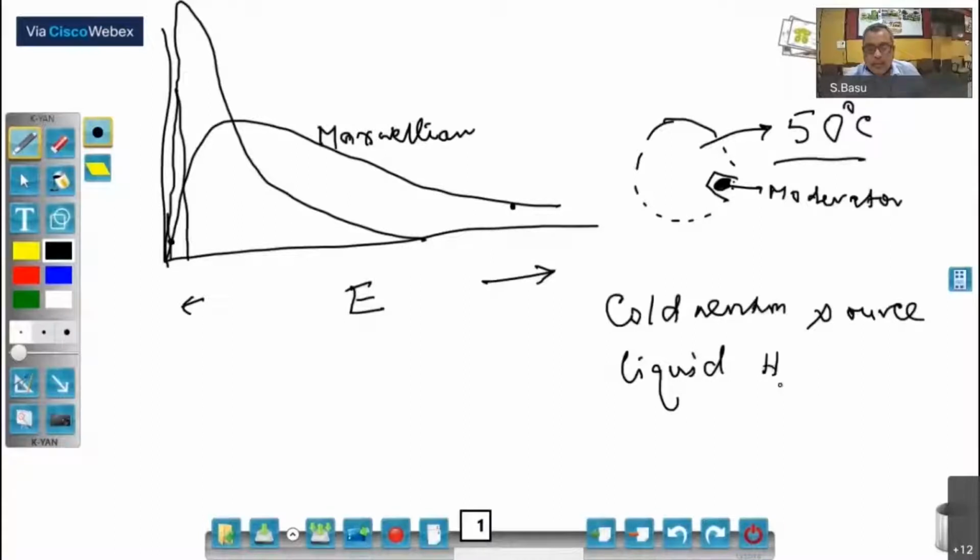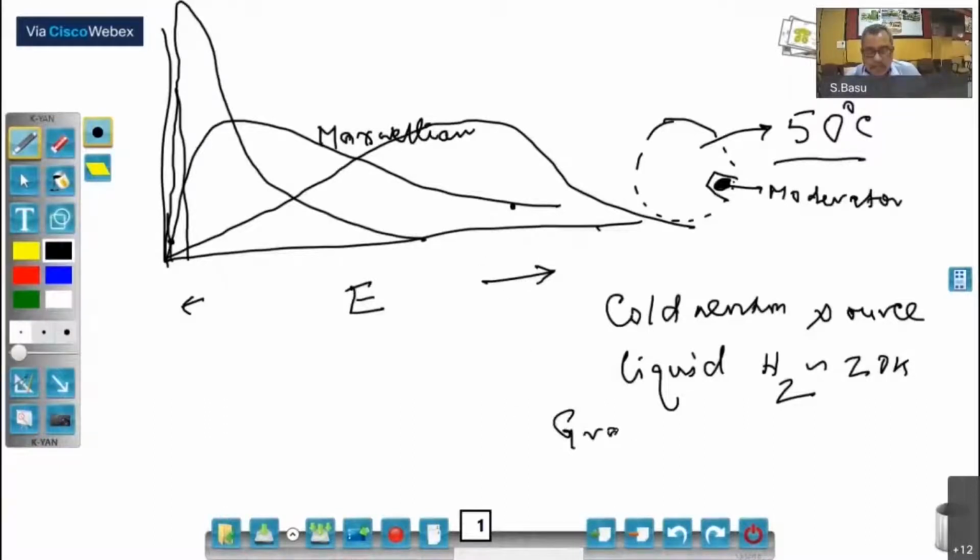This is more of a general knowledge for you at the moment. The liquid hydrogen is used at around 20 Kelvin. Similarly, if I have to boost the number of neutrons at the higher energy, I can also put a moderator at a higher temperature. And usually this is a graphite block.